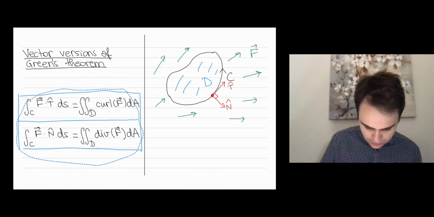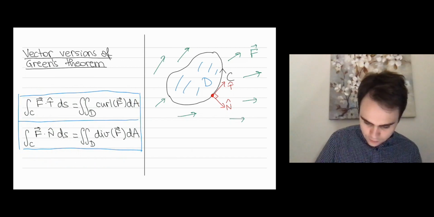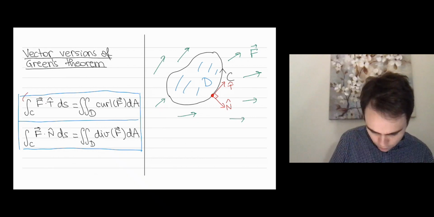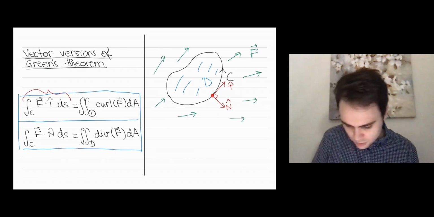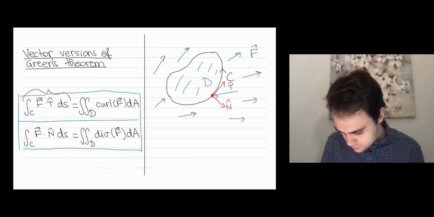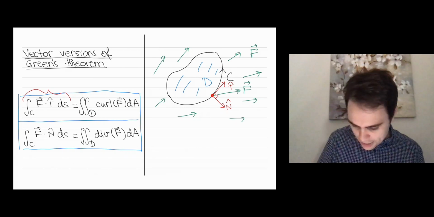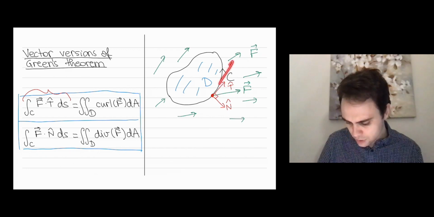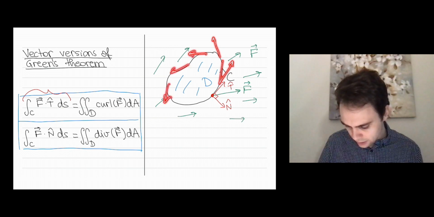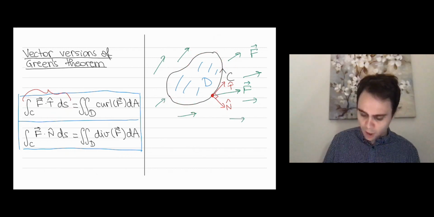This line integral over here on the left is telling you how much f points along the tangent direction of the curve at every single point. It's seeing how much f is circulating around the curve. So here I drew an example where the integral would be positive.